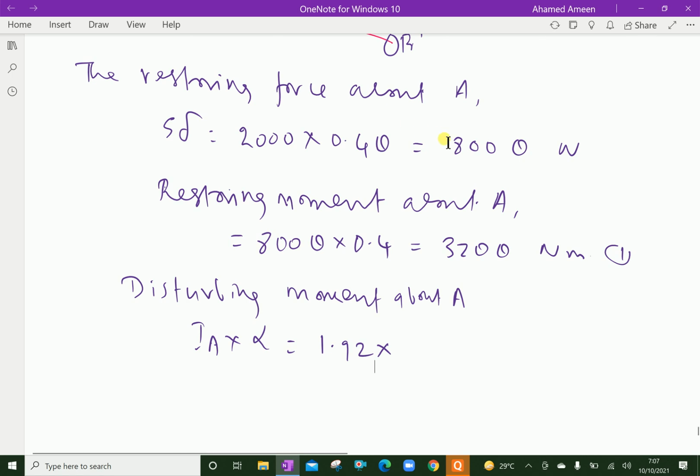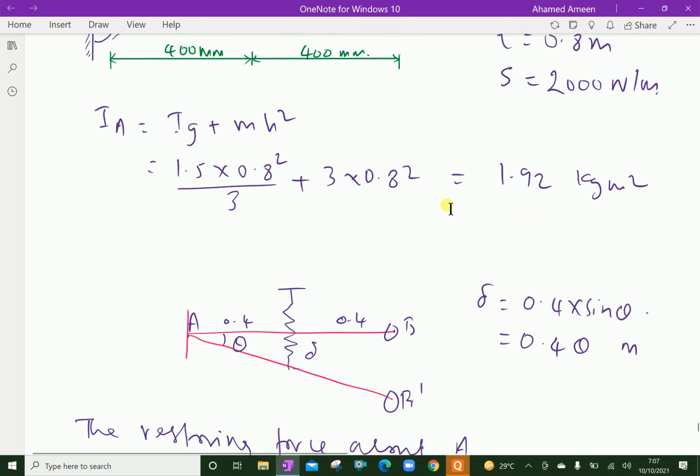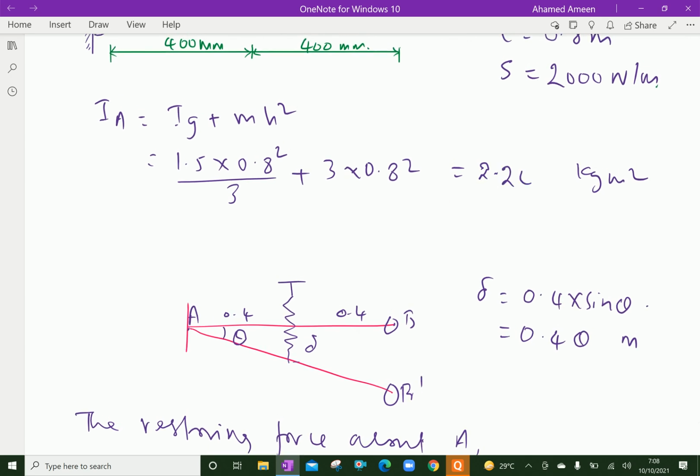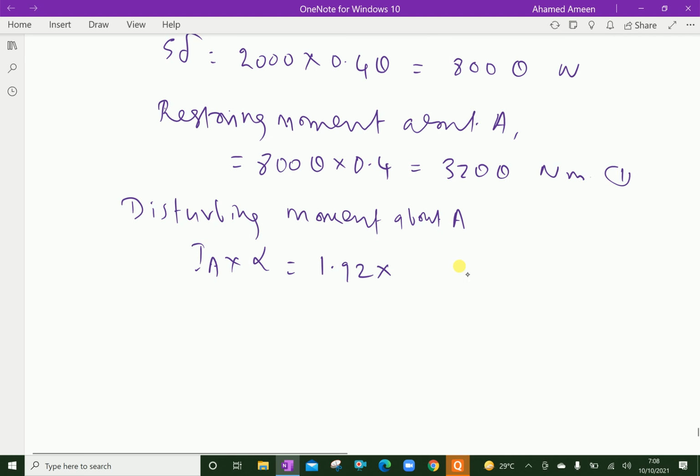IA is not 1.92; IA is 2.24, sorry, 2.24 kg meter square. So 2.24 into alpha. Let it be 2.